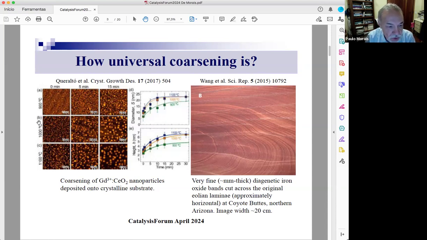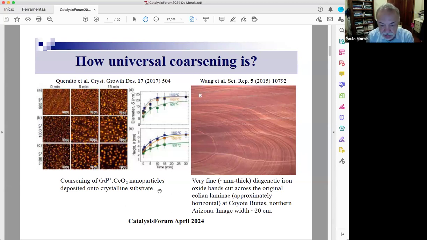It also grows as a function of temperature. These two parameters are very important for coarsening. In other words, coarsening is the evolution of the size of micro or nanoscale materials.